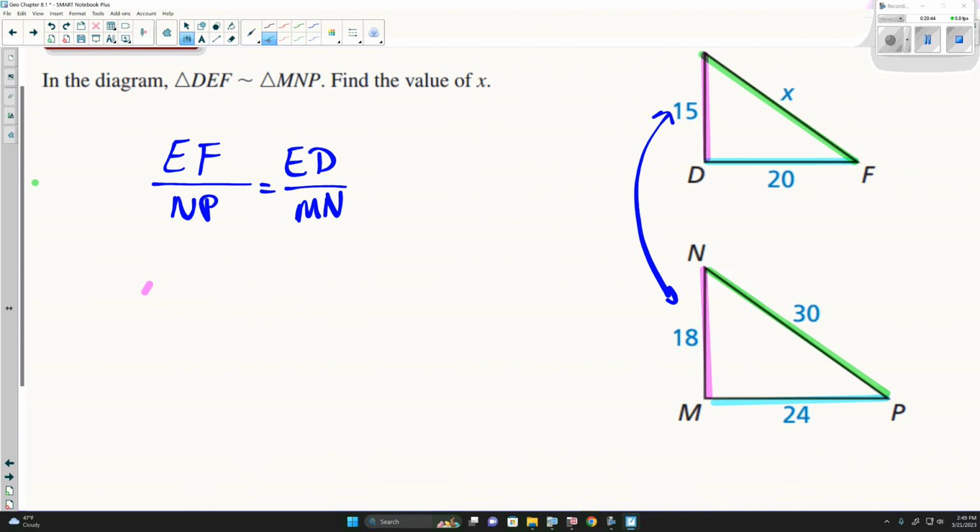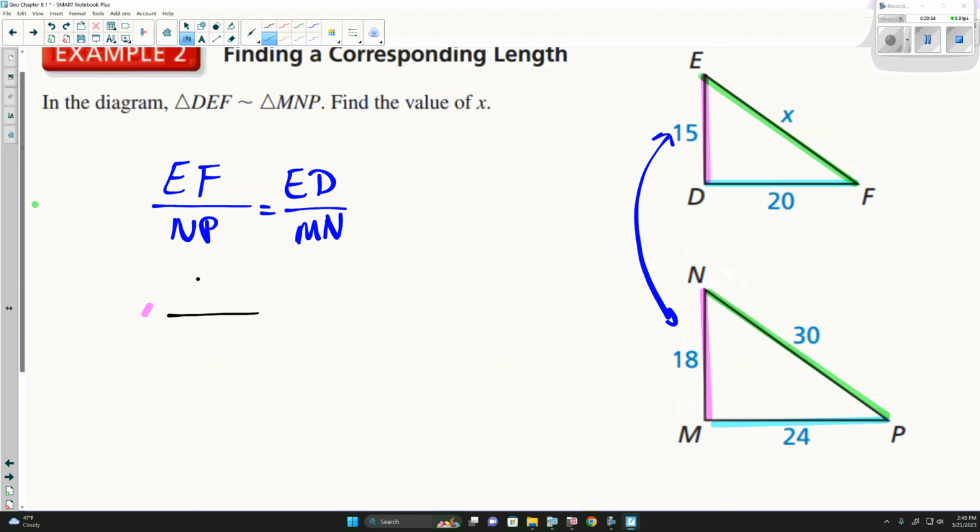Now it seems a little weird that I chose these here, but I chose EF because what is EF's length? X, yes. And because again, for this problem here, we're solving for the value of X. And whenever we solve these here, I want X to be in the numerator. It's going to make it easier to work with.